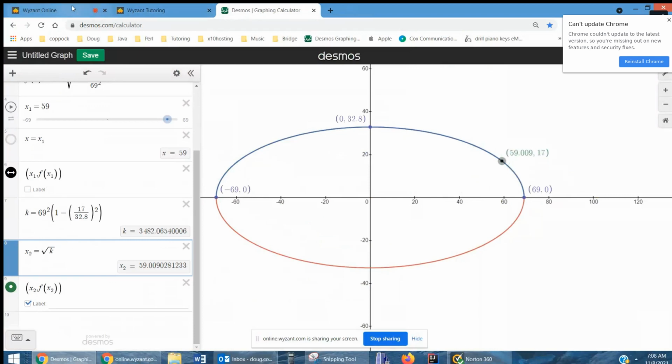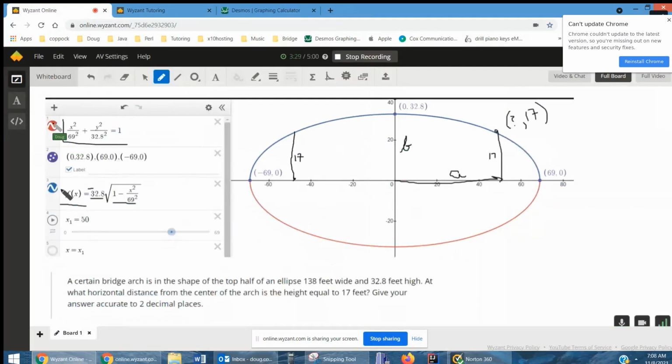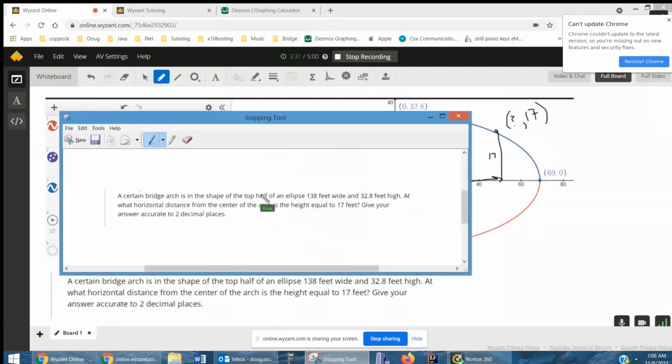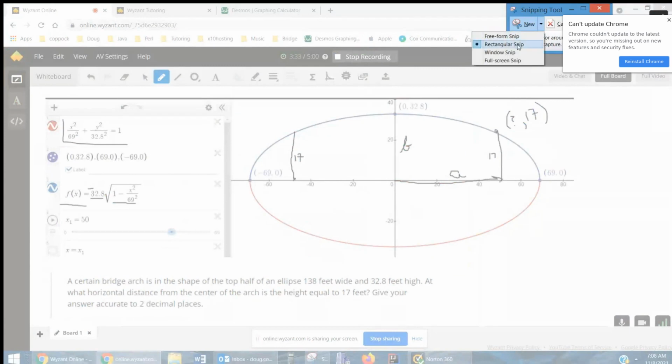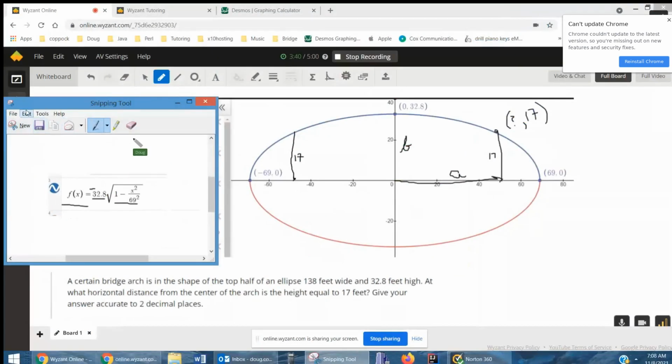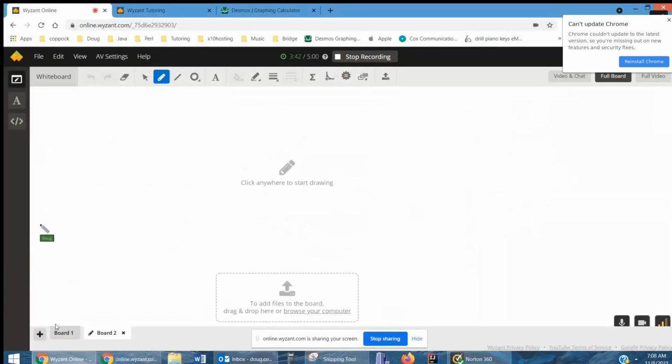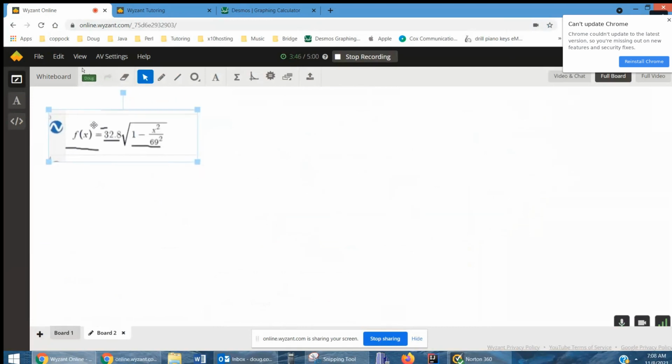Okay, so let's go back here. Let's take a copy of this function. Go to board 2. And we want to answer the question, when does f of x equal 17?